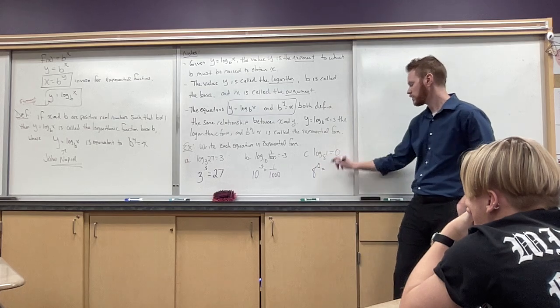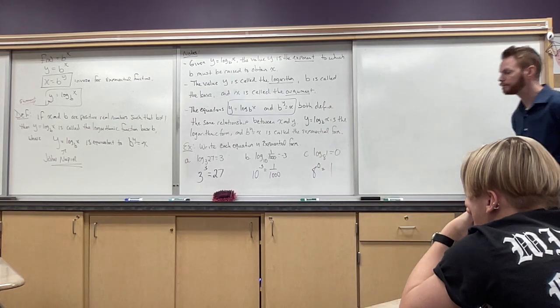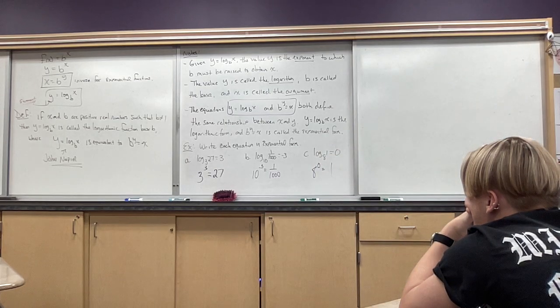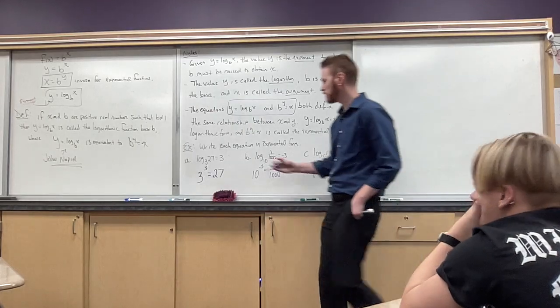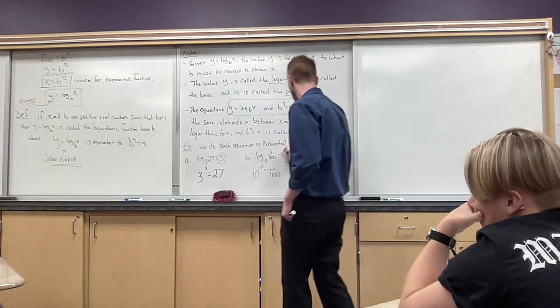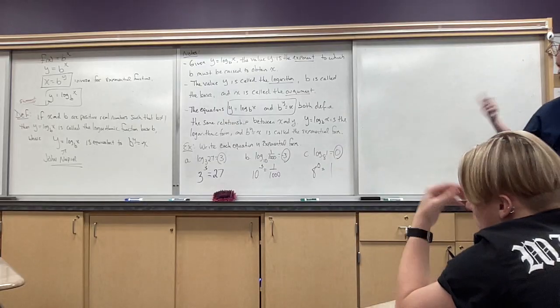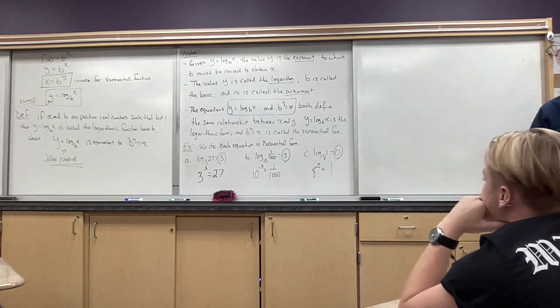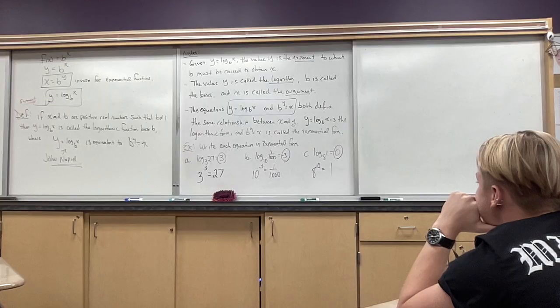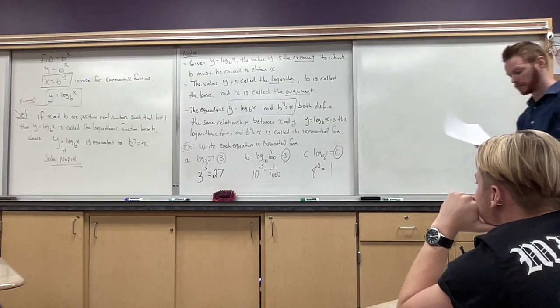So when I simplify, it should equal my argument, which is 1. Any questions on that? So far, so good? So what you have to try to keep in your mind is this: what a log is equal to is the exponent. That's what we're raising the base to.